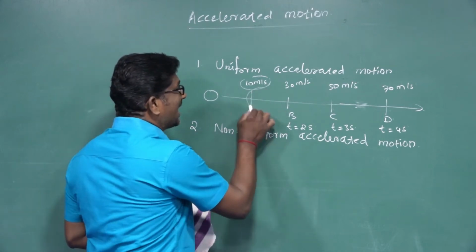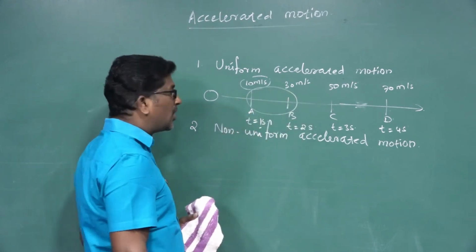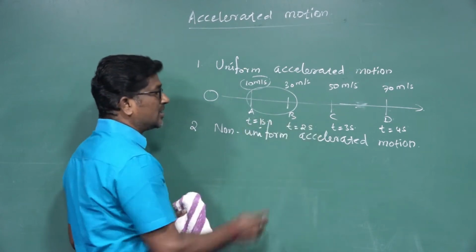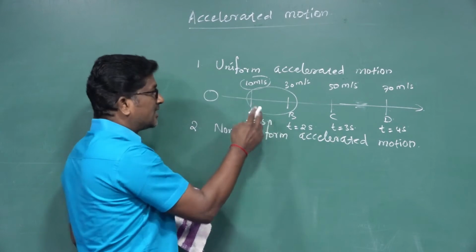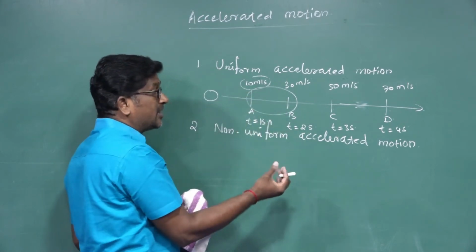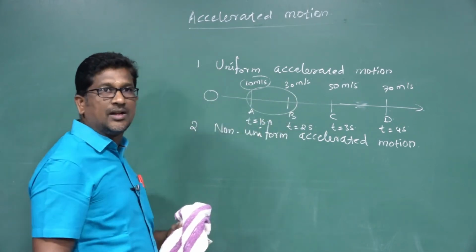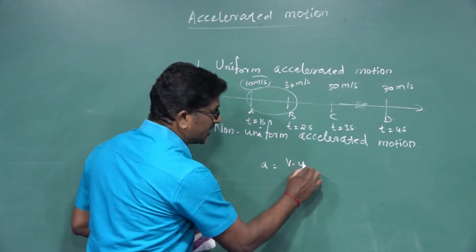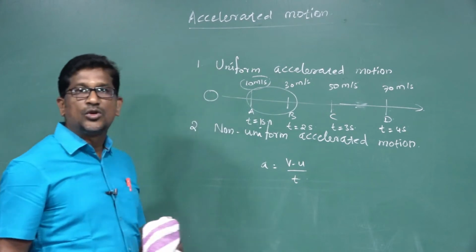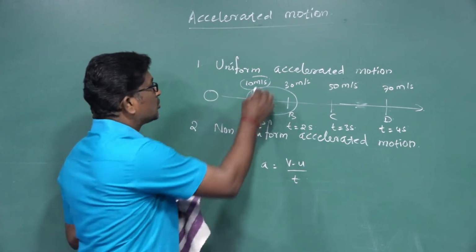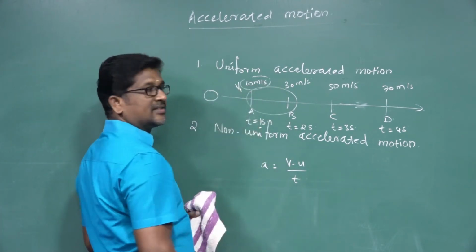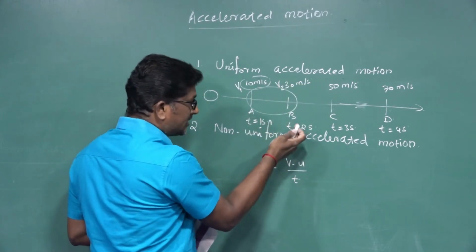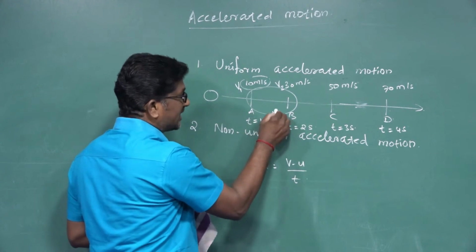So what is the acceleration experienced by the particle in the time interval of 1 second, that is 2 seconds minus 1 second? How can we calculate it? By using the formula a is equal to (v minus u) divided by t. Suppose the velocities are taken as V1 and V2, and the time interval is 2 minus 1, 1 second.